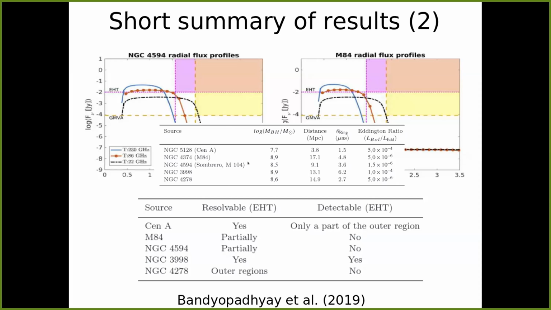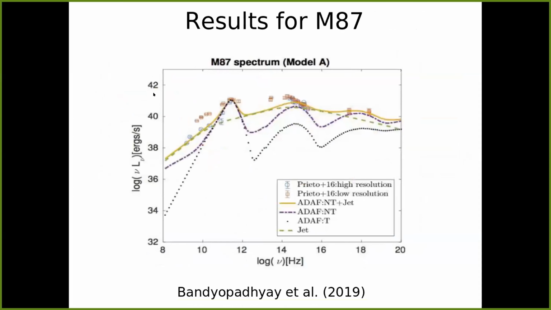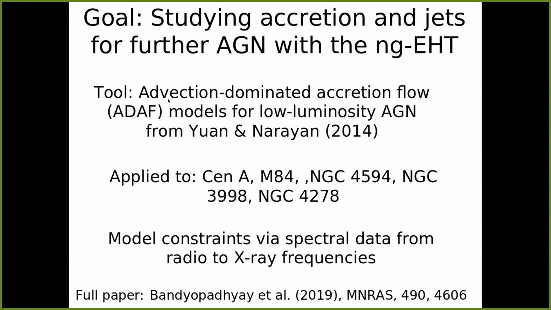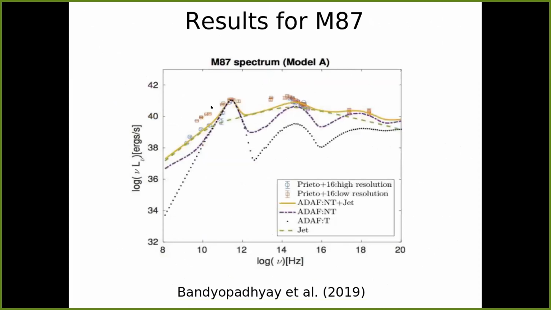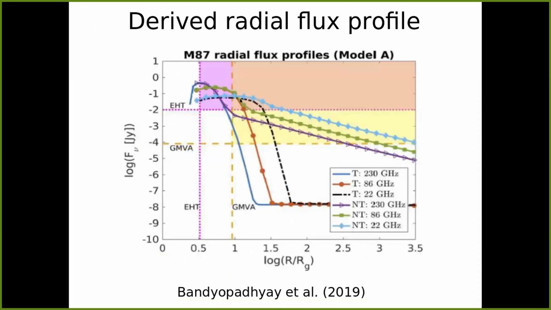So Dominic, on this ADAF fit you showed earlier, where is the sonic point location in radius? How far from the black hole? You mean for M87? This is the case where we only show the flux profile here.